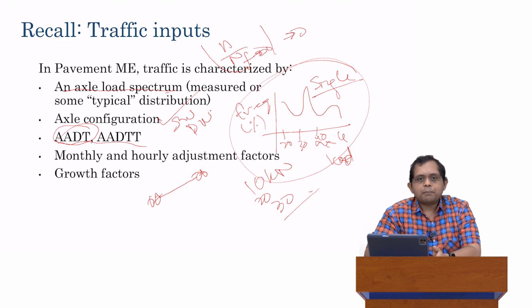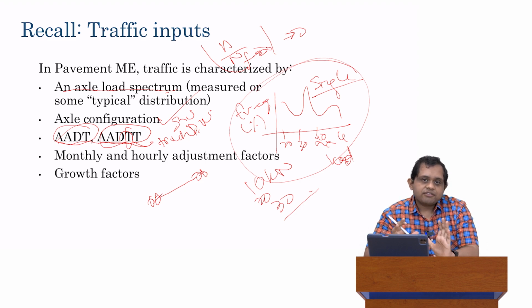And so there is another number that we are concerned with in traffic inputs, that's AADTT, and this first T over here stands for truck. So annual average daily traffic, AADT, annual average daily truck traffic, AADTT. So we are more interested in AADTT, and generally we show that as a percentage of the AADT.